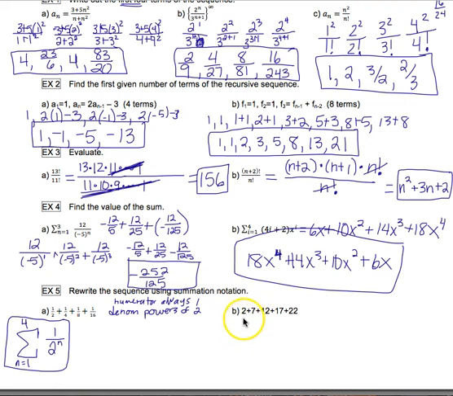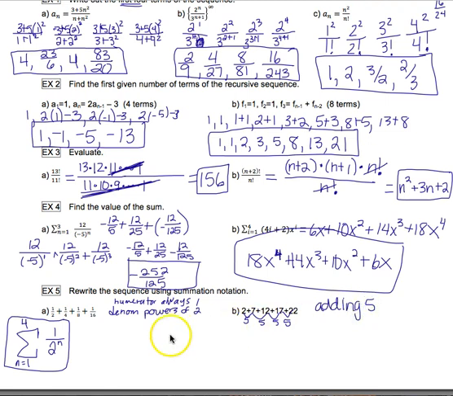So pattern here. I'm rotating between 7 and 2. 2 to 7 is 5. 7 to 12, also 5. Okay, so my pattern is that I'm adding 5 every time.